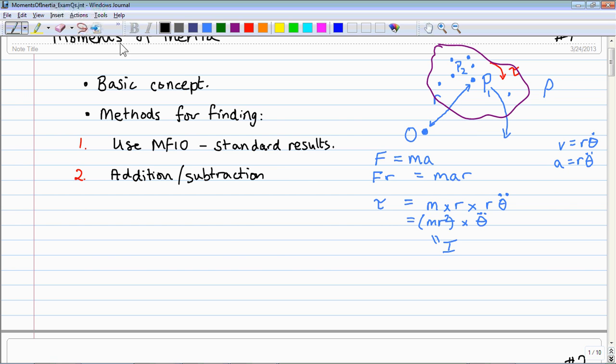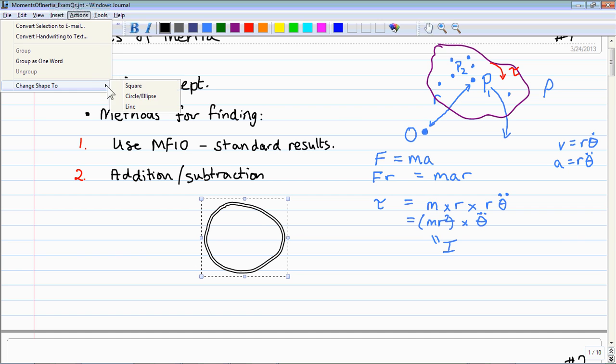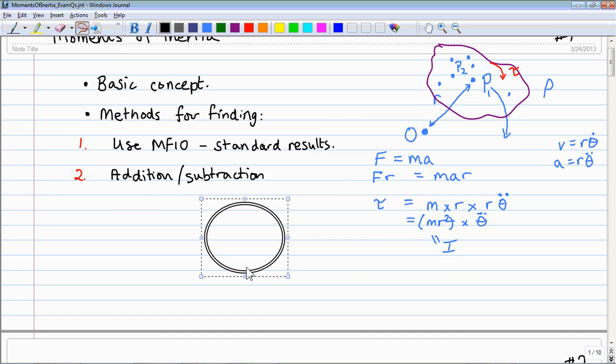Let me start by drawing a circle of some sort. Can I remember how to do this? Select it, and then is it actions? I forget. Change shape to circle. Alright, so let's say that's a circle. We have a circle, and I suppose it's a solid, so that the inside is full, so it's a circular disc.